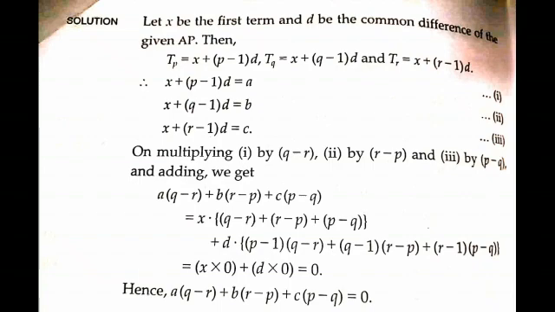Now the rth term is given equal to c, so we have x plus (r minus 1) into d equal to c. Assume this as equation 3.